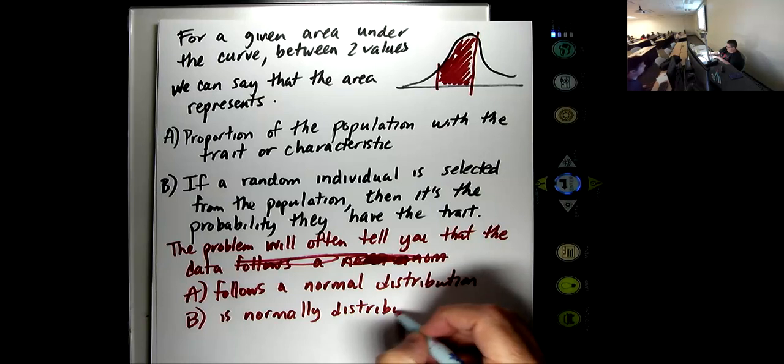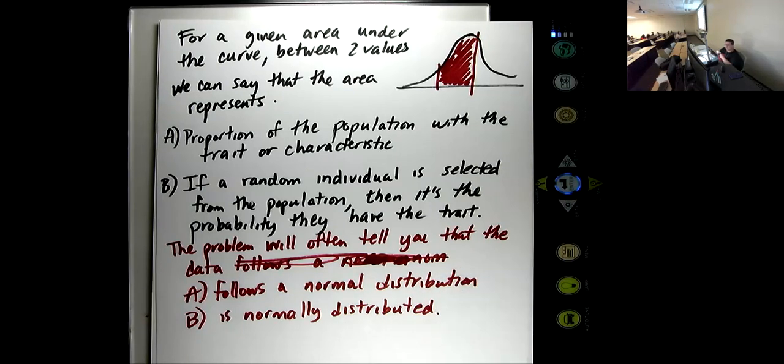These mean the same thing. It never occurred to me that I need to spell it out explicitly that they mean the same thing. But I've had students ask because it wasn't clear to them: does normally distributed mean it follows a normal distribution? Yes.